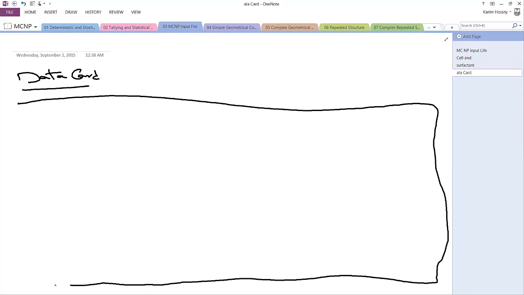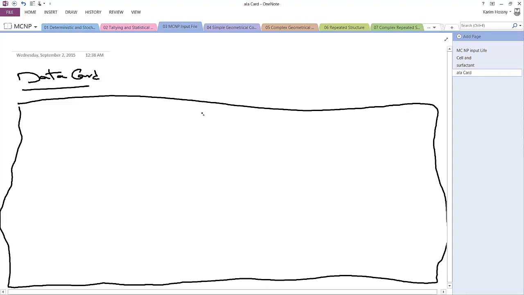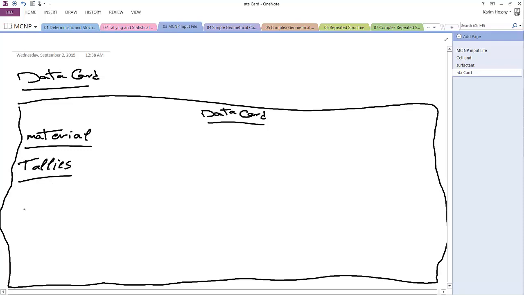What do you want to do using MCNP? The data card includes the material which is taken into the cell card, and tallies, also KCODE if you're calculating criticality.